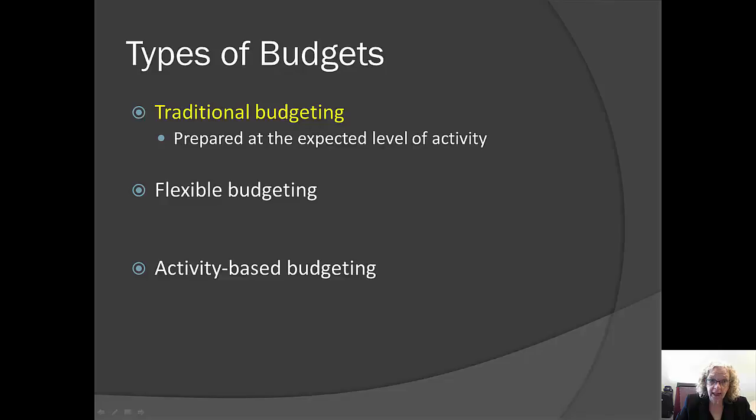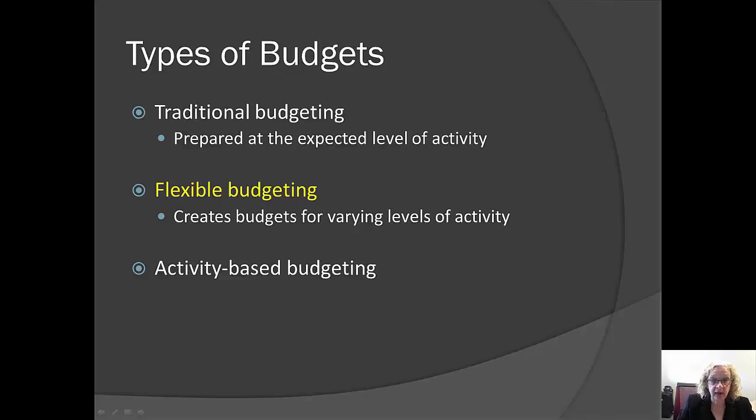A different way to look at budgeting is to use a flexible budget. A flexible budget can be created for lots of different levels of activity. It's a kind of sensitivity or what if analysis. What if we were a little busier? What if we were a little less busy?